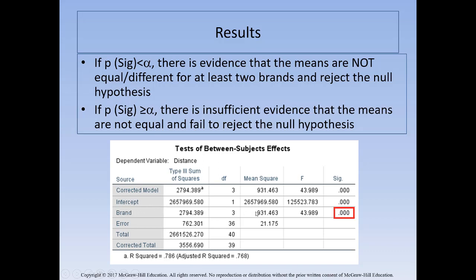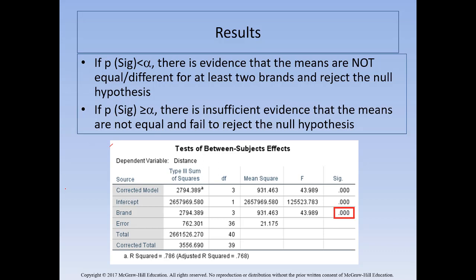Then you have the sum of squares for your treatment, or your effect, which is brand, and you have the error. I don't expect you to be able to read the ANOVA table for this class, but what you do need to know is, for your brand, the significance value. This is your p-value. So this is really, really significant in this example.